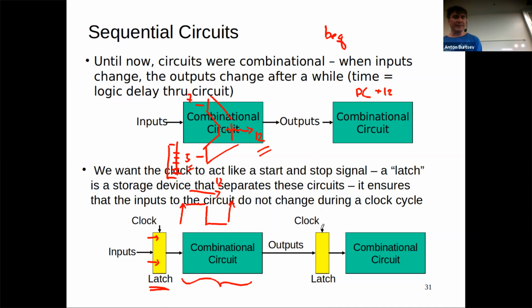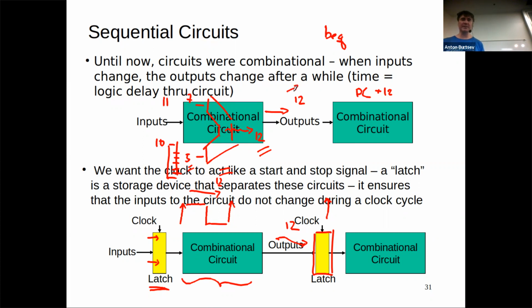But unless we insert another latch here and make sure that we remember this 12 on the next rising clock of the next cycle, then maybe this combinational circuit here will receive some different inputs. Maybe it will receive something like 11 and 10. And this output, which we wish to be 12 for the duration of the next cycle, will start changing.